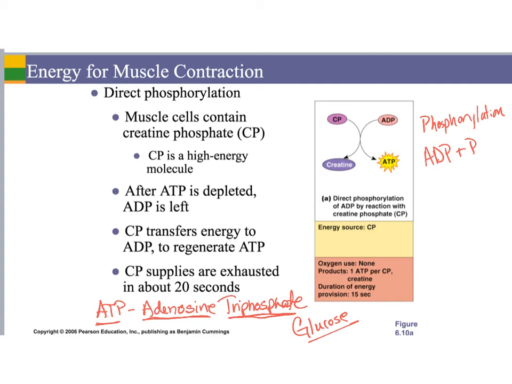So ATP, triphosphate, means we have an adenine, right? And then we have 3 phosphates, PO4. And these bonds between the adenine and the phosphate are high energy bonds.